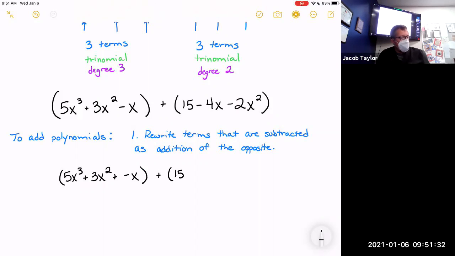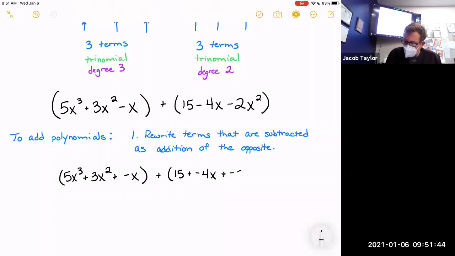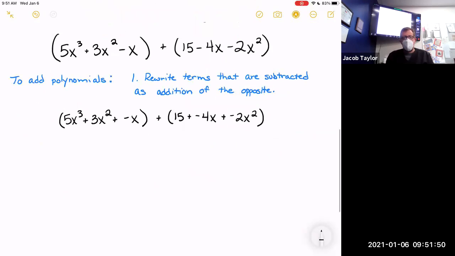I'm going to change that to be plus negative 4x. And then I've got minus 2x squared. I'm going to change that to plus negative 2x squared. And I'll pause right there to give you a chance to catch up.